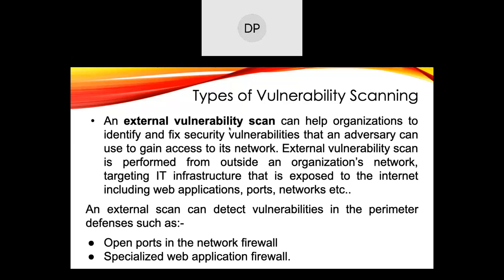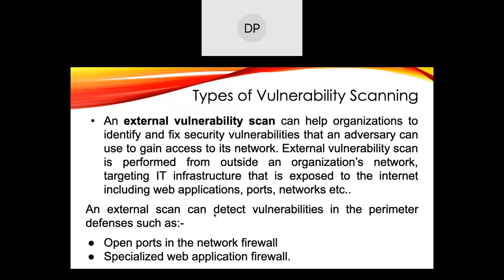An external vulnerability scan can help an organization identify and fix security vulnerabilities that an adversary can use to gain access to its network. An external vulnerability scan is performed from outside an organization's network, targeting IT infrastructure that is exposed to the internet, including web applications, ports, networks, etc.